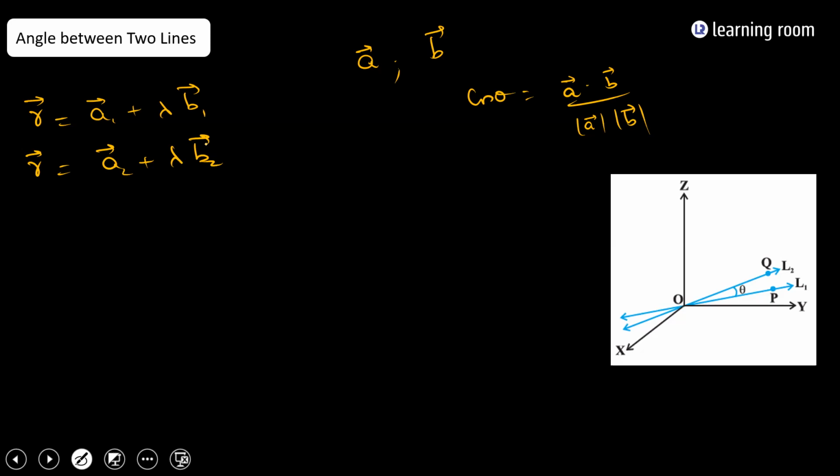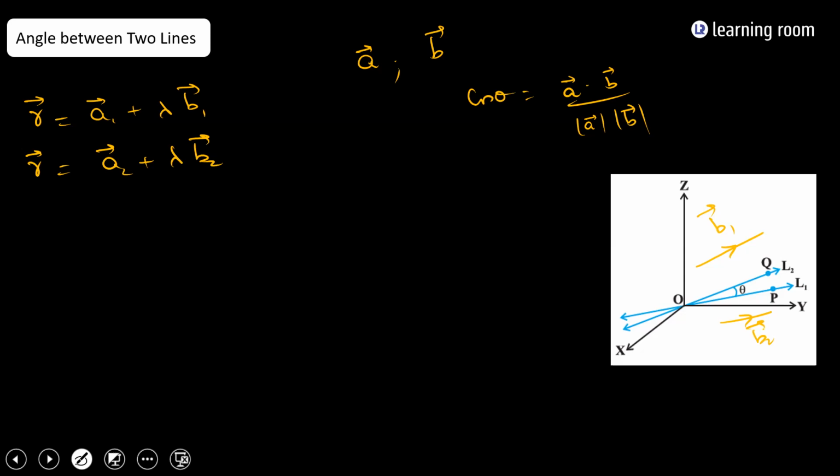So, if I take this as B1 vector and this as B2 vector, can I say that the angle between L1 and L2 is the same as the angle between B1 vector and B2 vector?